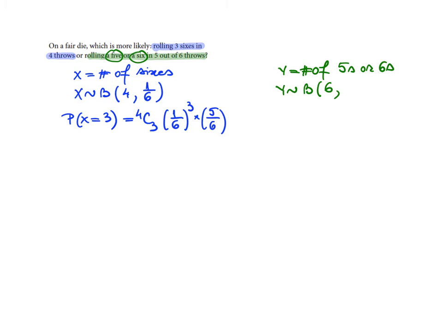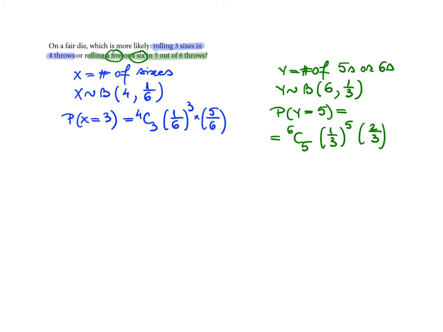So probability of success will be 2 out of 6. I can write it 1 over 3. And I'm interested in probability of Y being 5, which is going to be 6 combination 5, probability of success to the power of 5, because I want 5 successes, and probability of a fail.